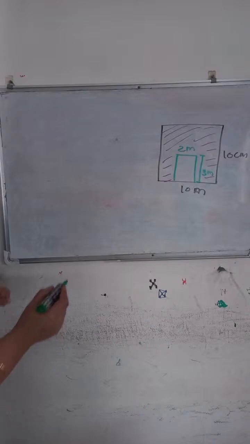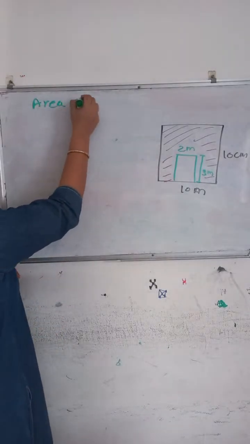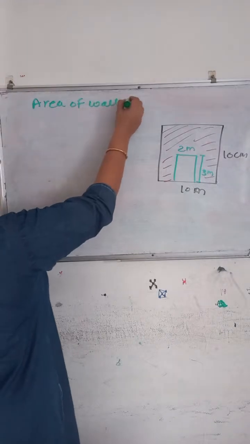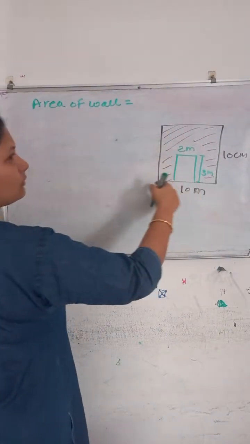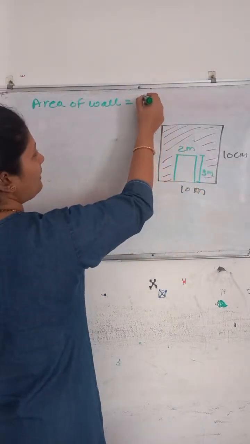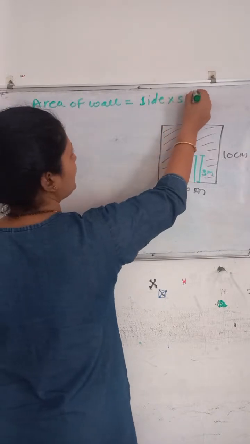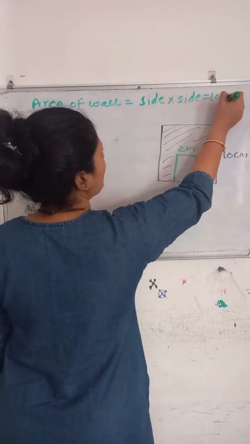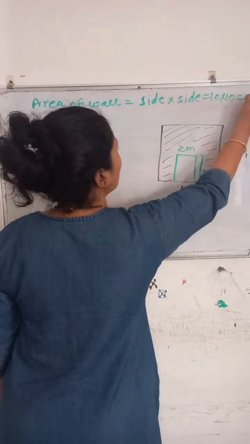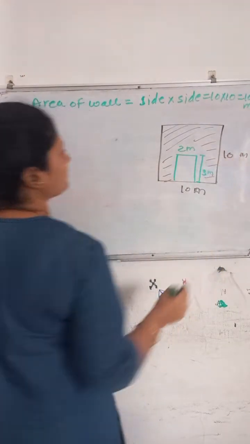So I will find out the area of the wall first. Area of the wall is a square, no? Because both the sides are same. First I will write the formula, side into side. That is 10 into 10, which is 100 meter square.